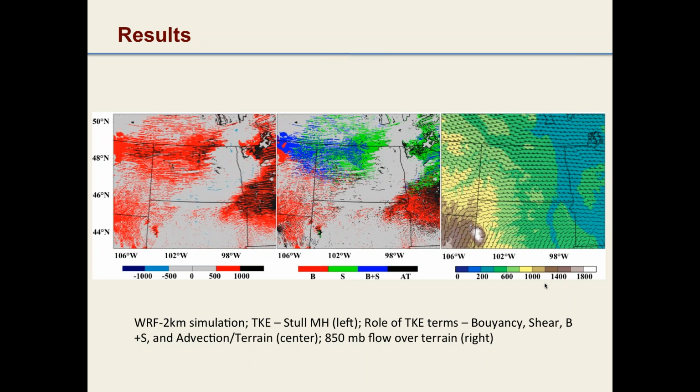And then you can also kind of relate that to the right panel, which is basically the terrain with the 850 millibar flow laid on top. And you can kind of see the flow kind of corresponds to these things as you kind of look at them. So I just thought it was a nice example of space in breaking down which components of the TKE are actually driving the mixed layer and why the TKE in this case is much greater than the Stull method.